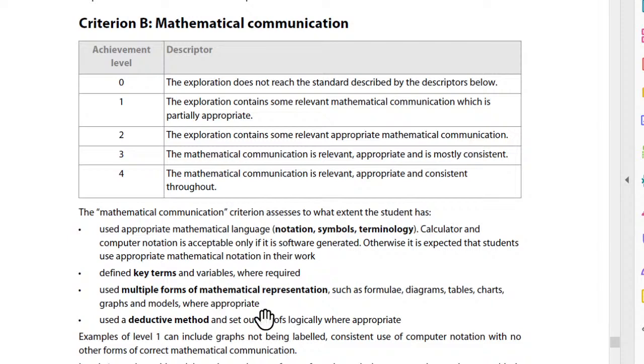But understanding defined key terms where appropriate. Go back, look at it later. Diagrams, okay, good.